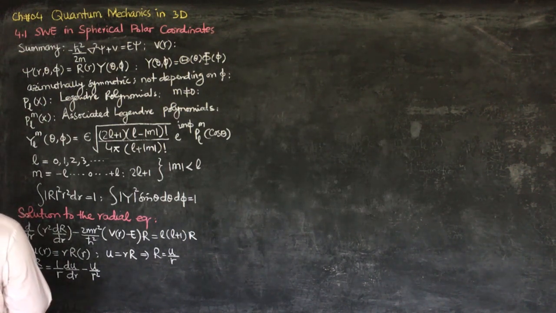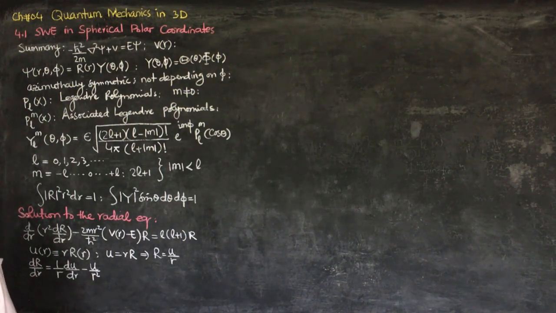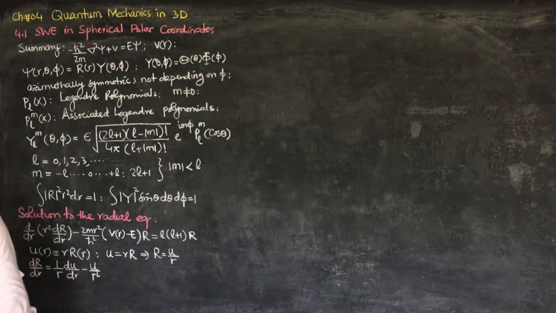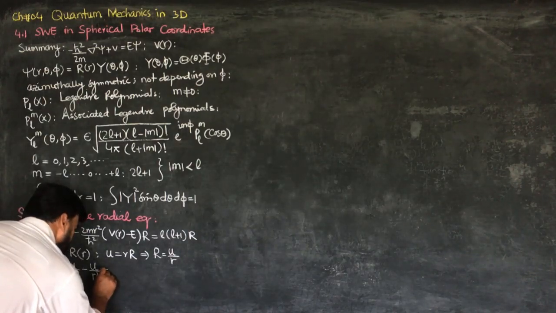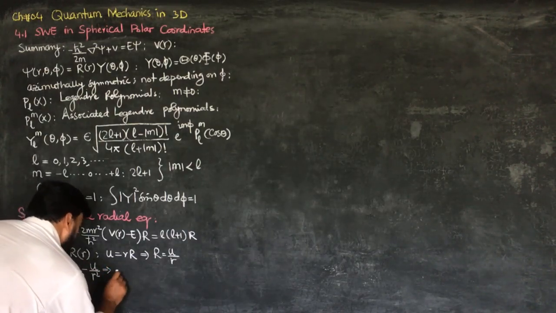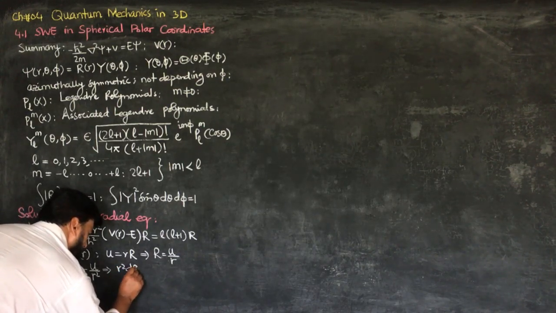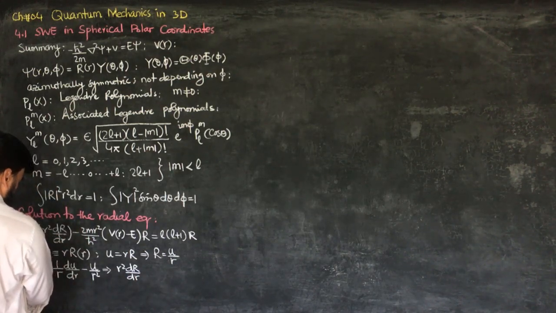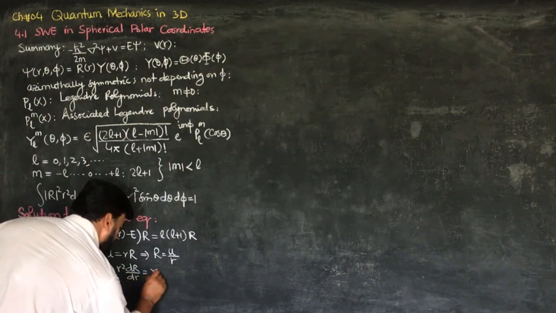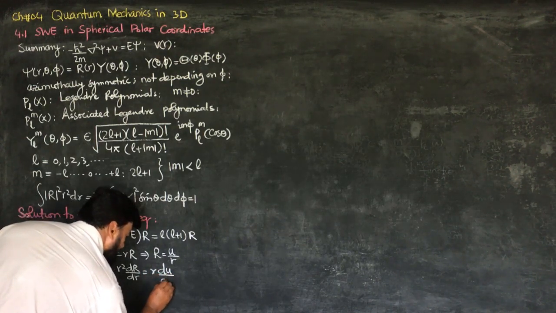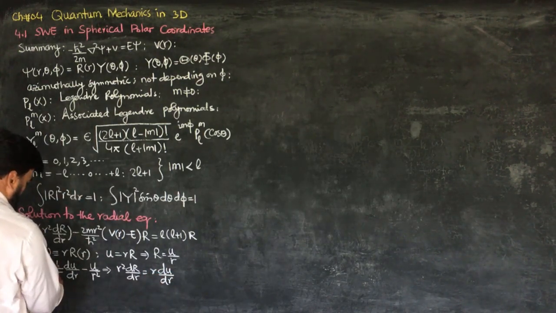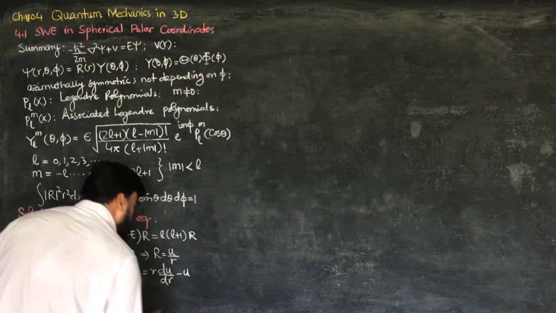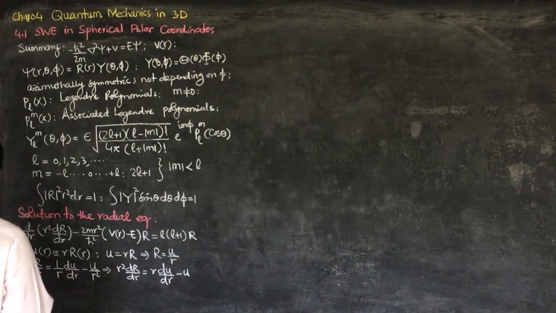If I multiply by r² on both sides, I get r² dR/dr equals r du/dr minus u, because one r cancels in the first term and r² cancels in the second.